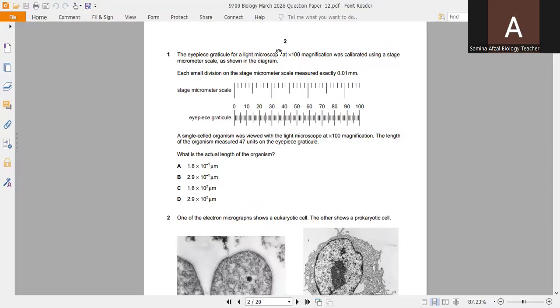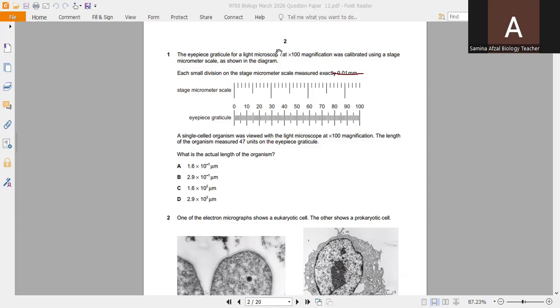The eyepiece reticule for a light microscope at 100 magnification was calibrated using a stage micrometer scale as shown in the diagram. Each small division on the stage micrometer scale measured exactly 0.01 millimeter. You can see the stage micrometer scale and eyepiece reticule over here.